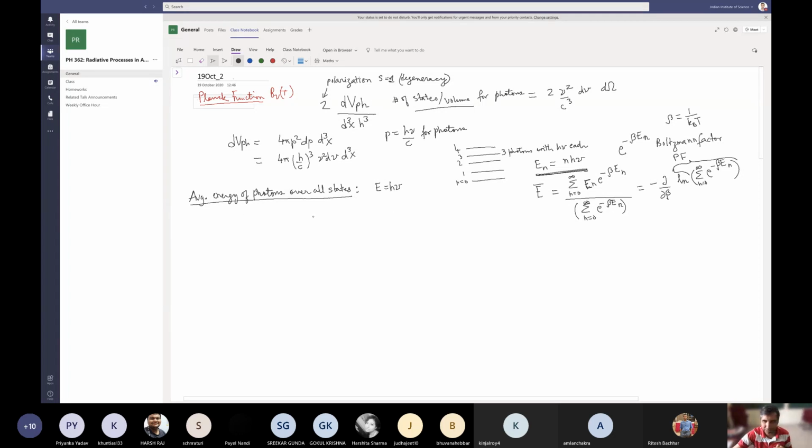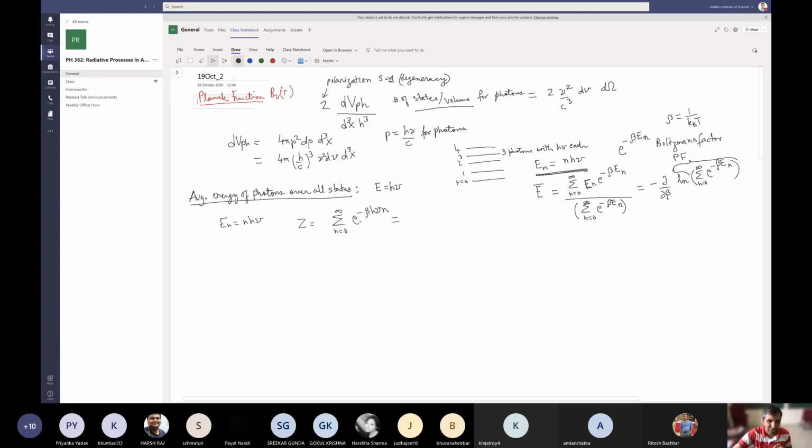Okay, and we know that E_n equals n h nu. So what we have is the partition function equal to the summation over n equals 0 to infinity of e to the minus beta h nu n, right? And this is nothing but a geometric series.